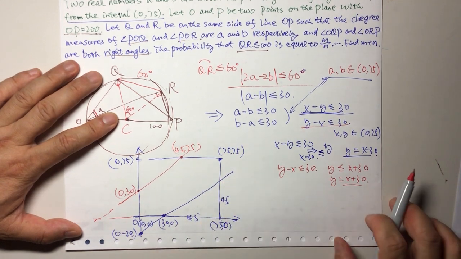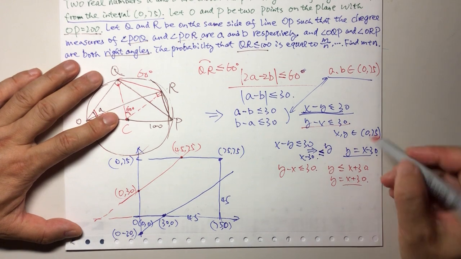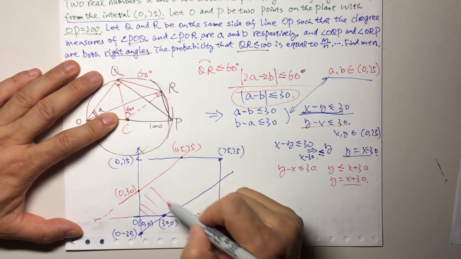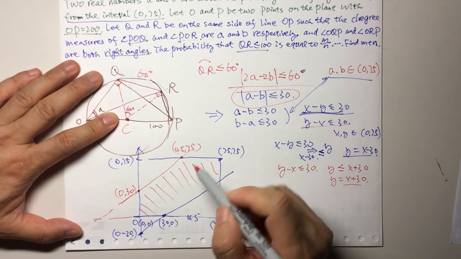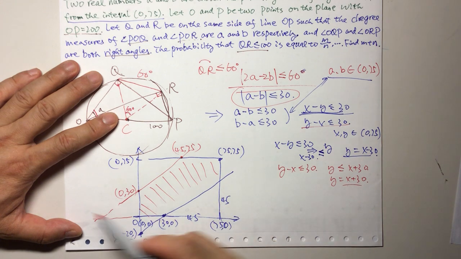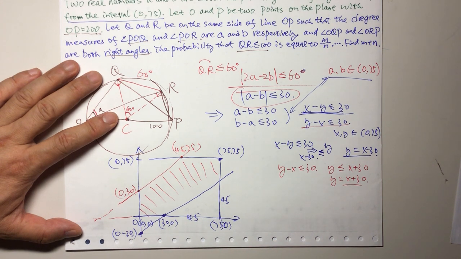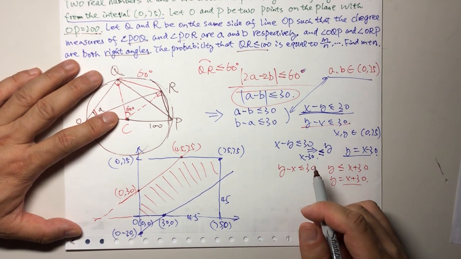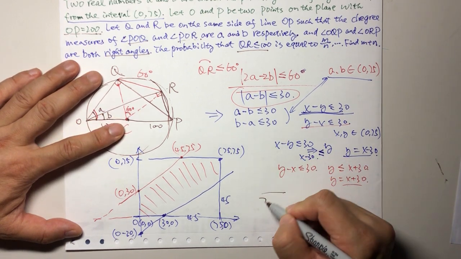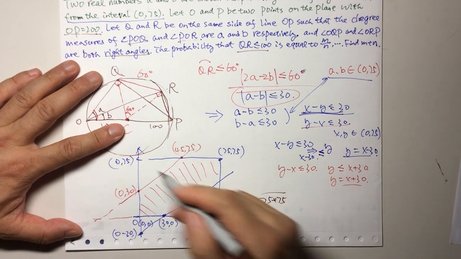So the probability for this one is the area of this region over the total of this rectangle, right? So we can easily get the probability, because the total area is 75 times 75.